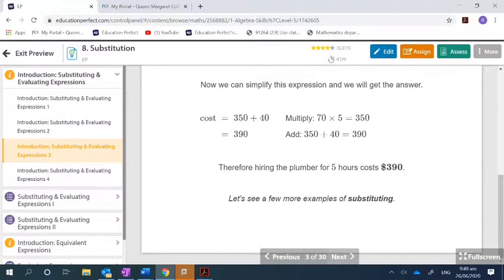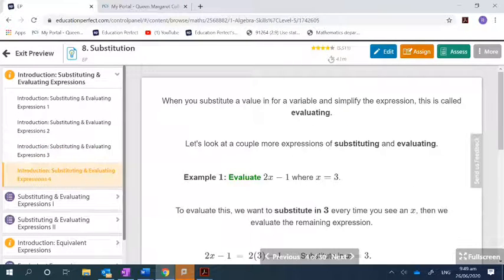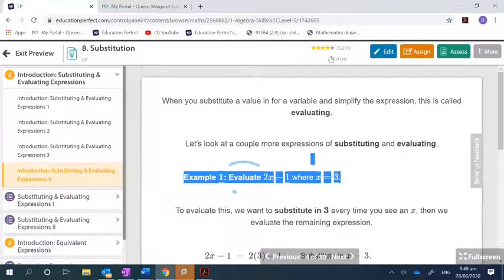So let's look at a few more examples. Here we go. We have our expression 2x minus 1, and we want to evaluate it. The word evaluate, you're going to see this word a lot. Evaluate means substitution. They're the same thing.